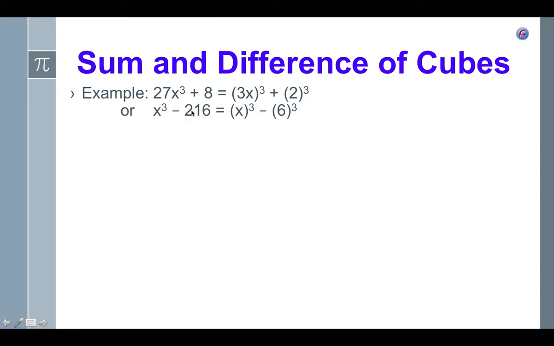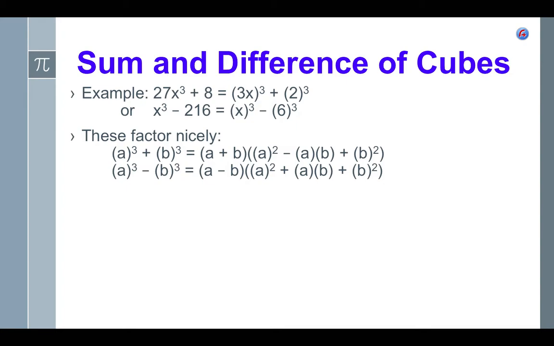And when you see problems like this, they factor very nicely into a very simple formula, one that you should try to put to memory as much as you possibly can. And the formula is this: when you have something cubed plus something cubed, we write it as a cubed plus b cubed.